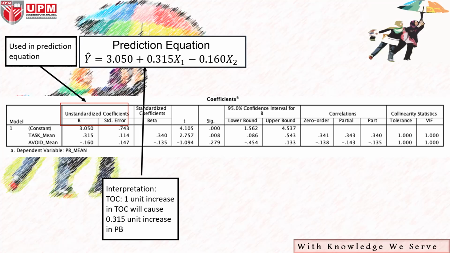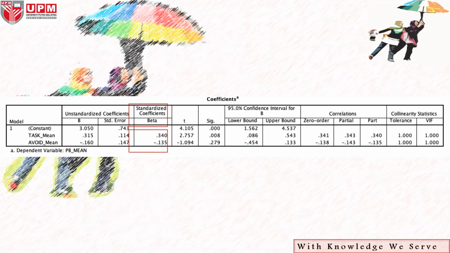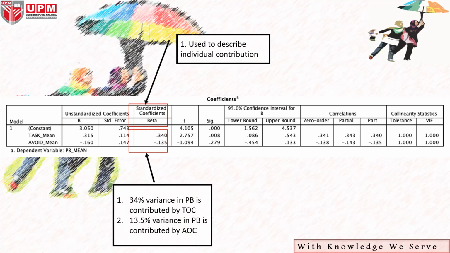Next, the standardized coefficient beta. We can use the standardized beta to describe the individual contribution: how much of the variance is attributed by that particular IV. For task-oriented coping, the standardized beta is 0.34. So we can conclude that 34% of the variance in philanthropic behavior is contributed by task-oriented coping.